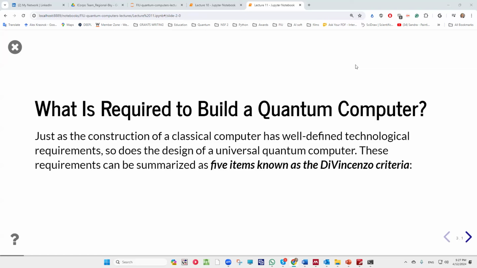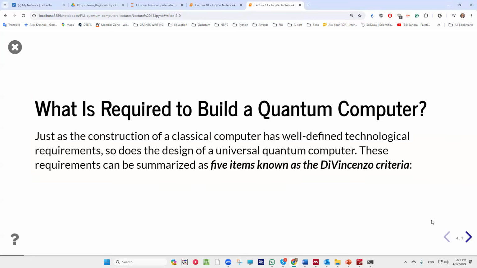In fact, there are five criteria summarized by DiVincenzo. Today they are called the DiVincenzo criteria for a quantum system that can be used as a building block for a quantum computer.